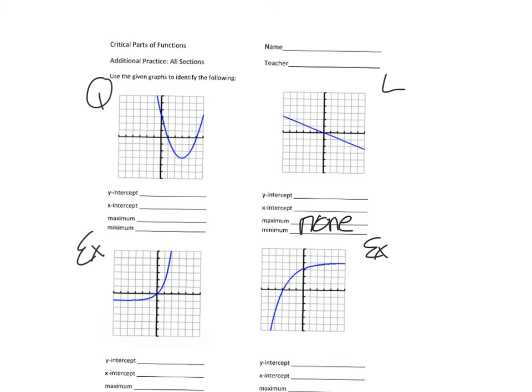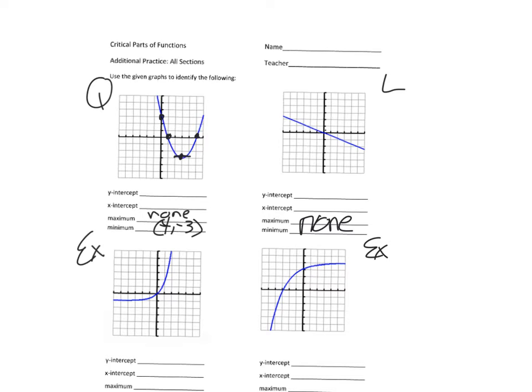On a quadratic, this is the minimum, so maximum's none. And our minimum is this point, 4, -3, okay? And we have our y-intercept and then our 2 x-intercepts, okay?